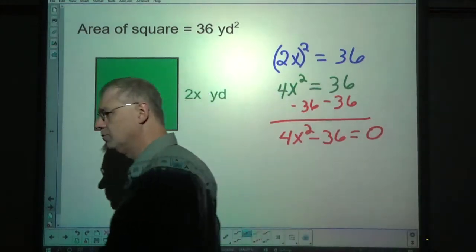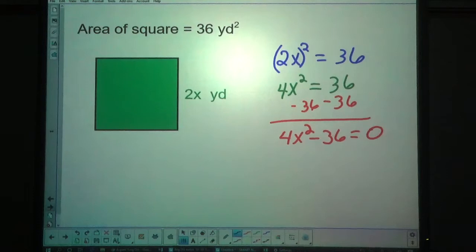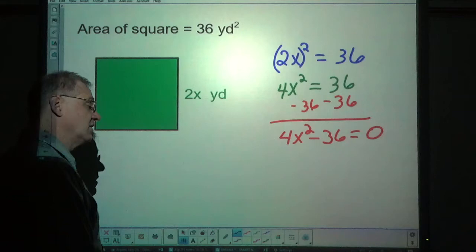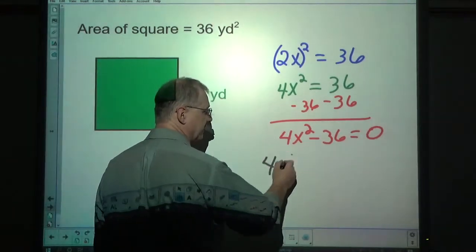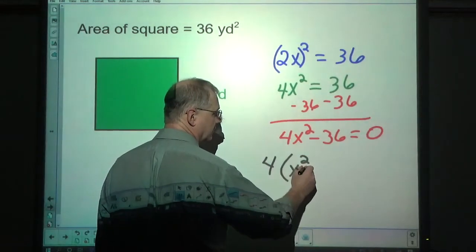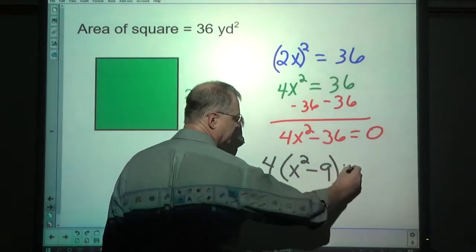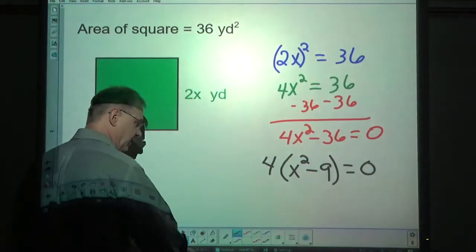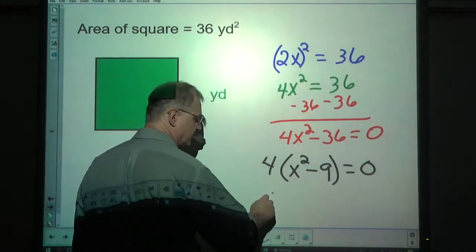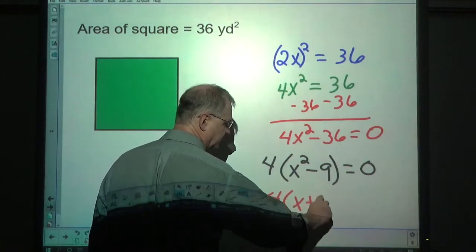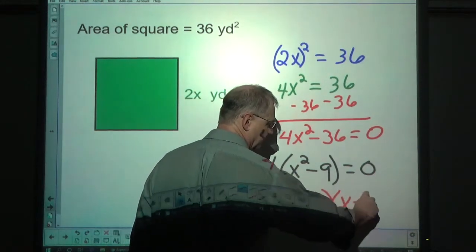Now, you might have just jumped to the conclusion that, oh, that's difference of two squares, and that's great if you recognize that. But you could also factor out a GCF, which will make our work just a little bit easier. A 4 factors out, and I get x squared minus 9 inside. And we know that factors into x plus 3 and x minus 3.